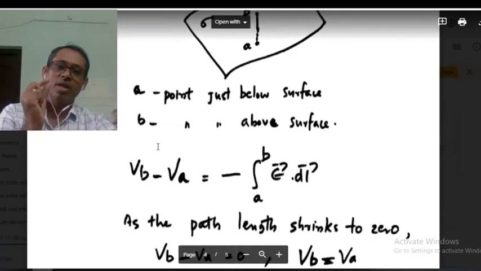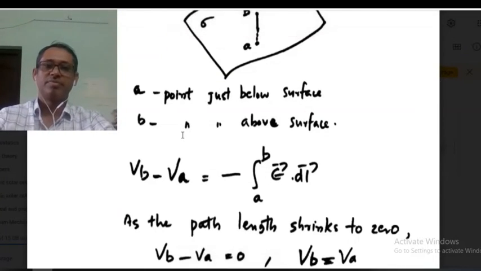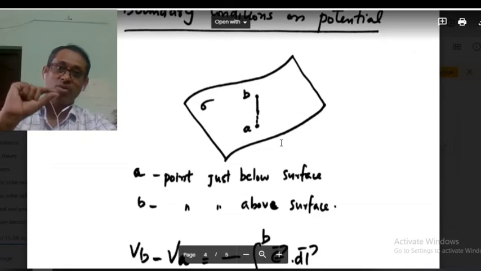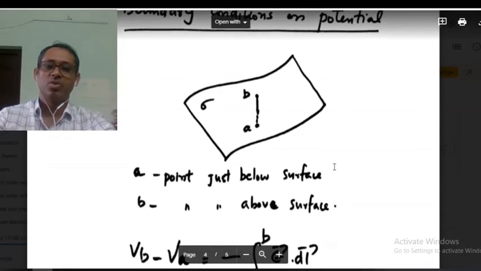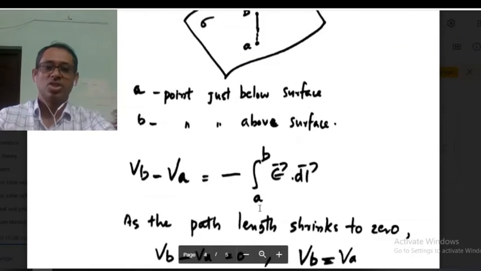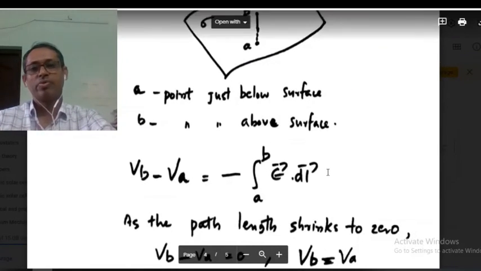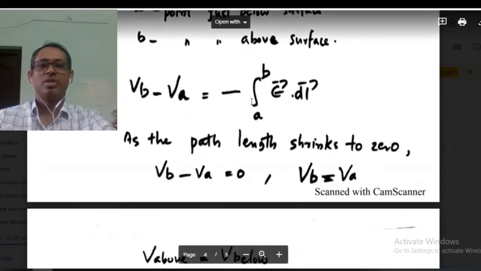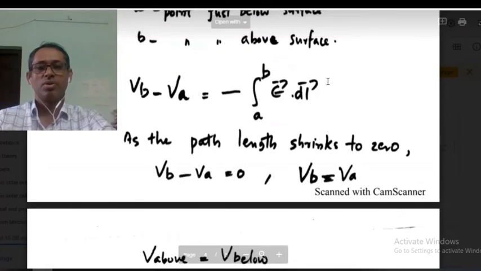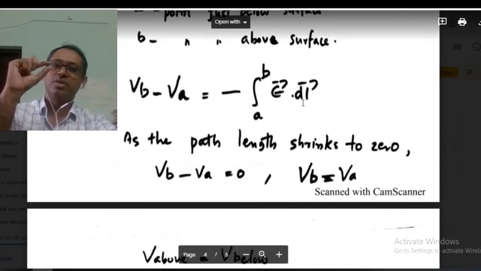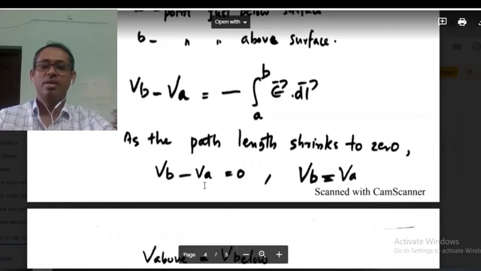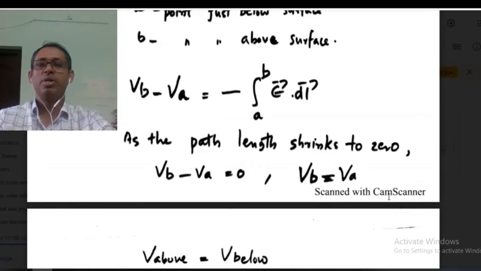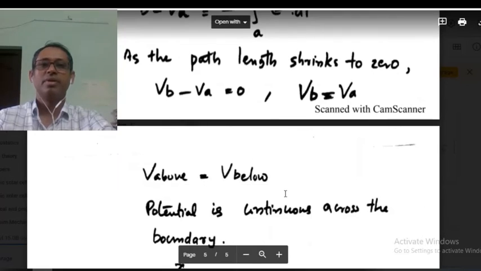Now if A and B are very close together and the path length shrinks to 0, the right hand side will be equal to 0, because the path itself is too small, so the line integral is 0. So VB minus VA equals 0, so VB equals VA.